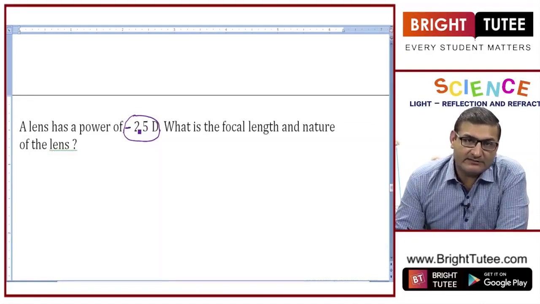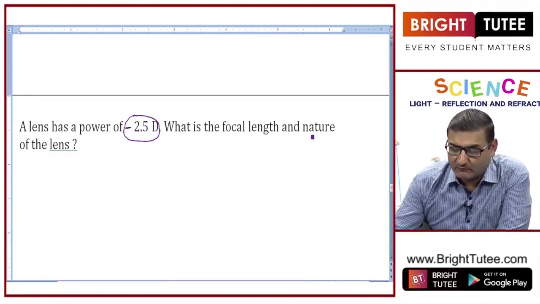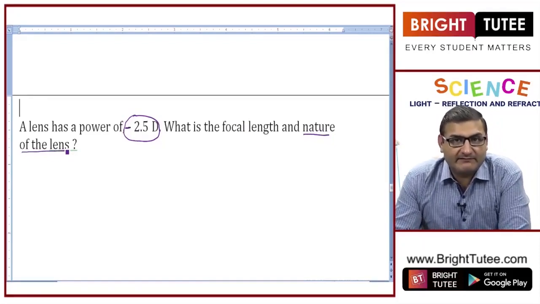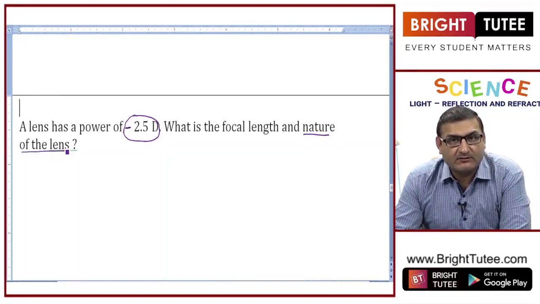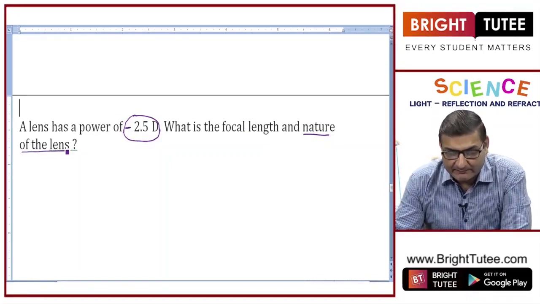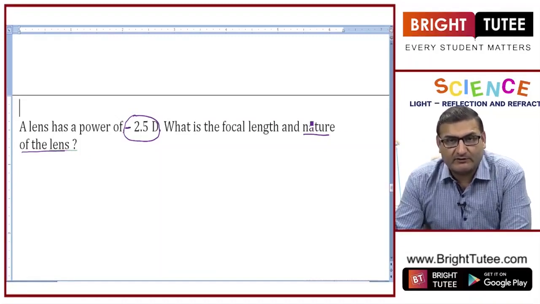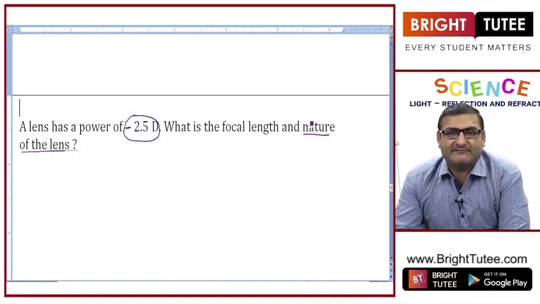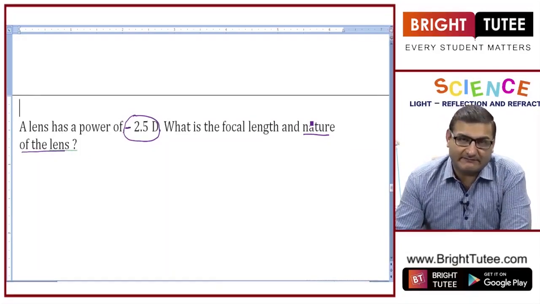We will always be asked in the question, what is the nature of the lens? So, it is a concave lens or a diverging lens. We need to specify both the words, concave also and diverging also. Fine, because when we talk about the nature, we are talking about divergence or convergence ability, and we will specify also along with it that it is a concave lens.